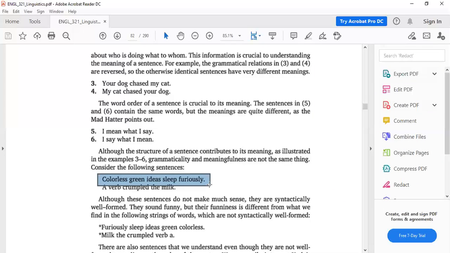So in this sentence, the problem is not syntactic, the problem is semantic. This is a piece of evidence that grammaticality and meaningfulness are not the same thing, because this sentence is grammatical but meaningless.